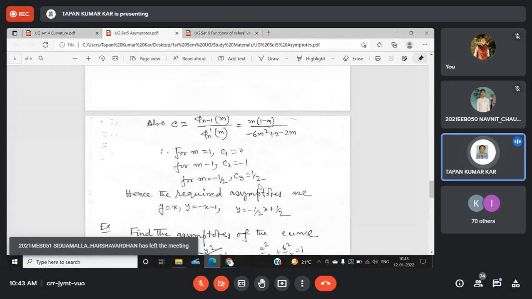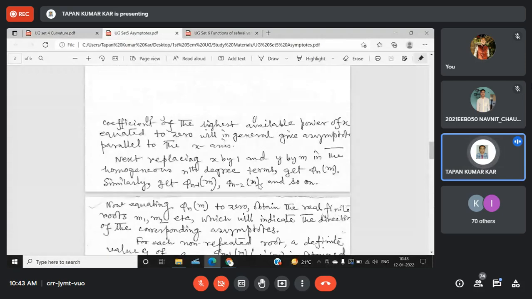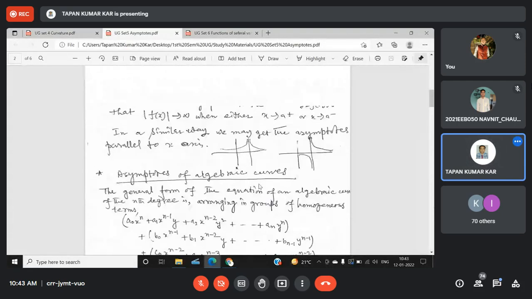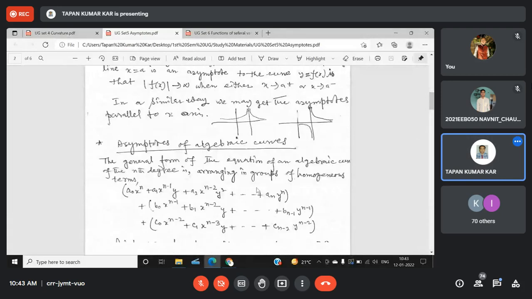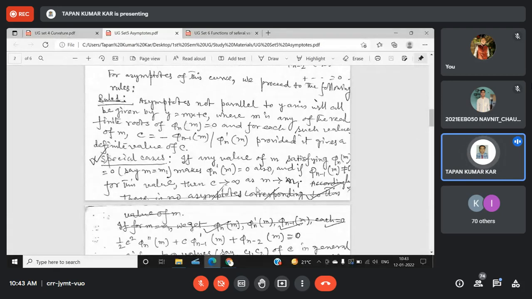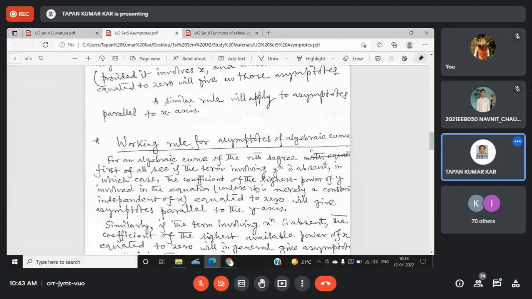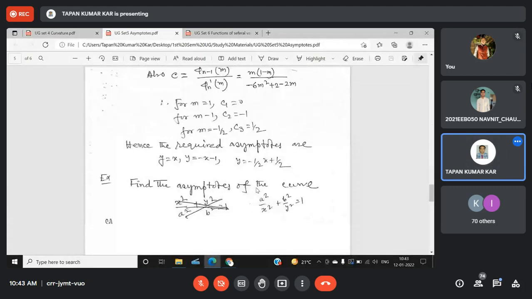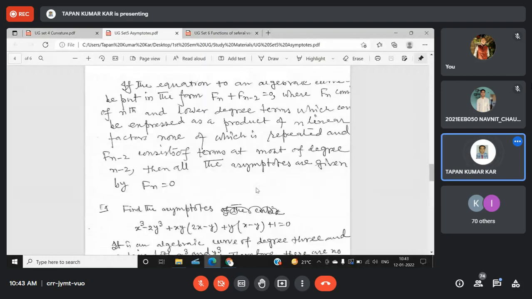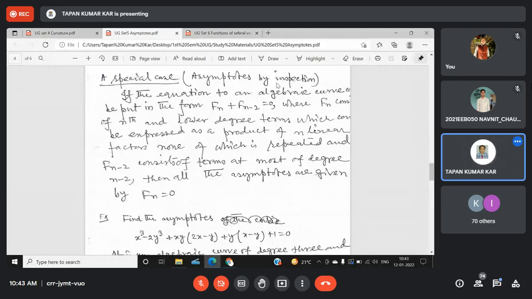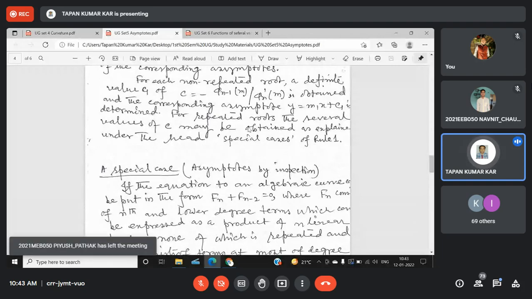As I told you, asymptotes by inspection: Fn plus Fn minus 2. If the equation can be put in this form, Fn minus 2, remember this, then Fn equal to 0 gives the asymptotes.